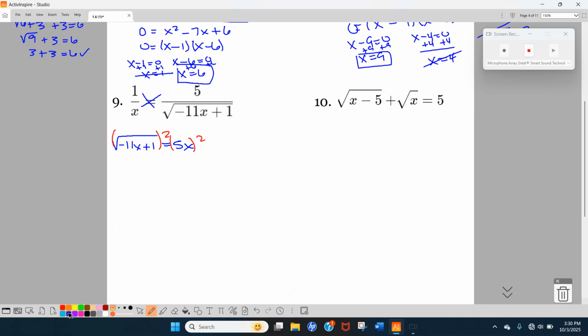We'll have negative 11x plus 1 is equal to 25x squared. Add the 11x and subtract the 1. So 0, and then 25x squared plus 11x minus 1. That is not going to factor. So quadratic formula.